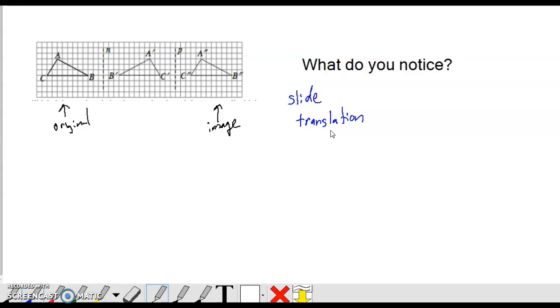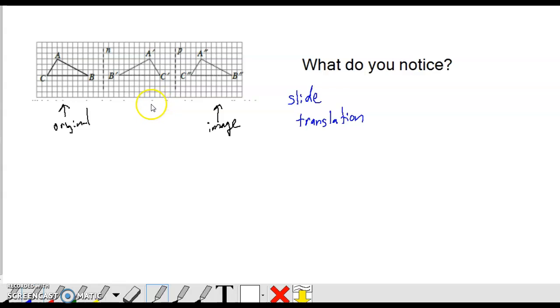It looks almost like a slide of some sort. We're going to focus on the formal definition a little bit later, but it's just a quick little slide.